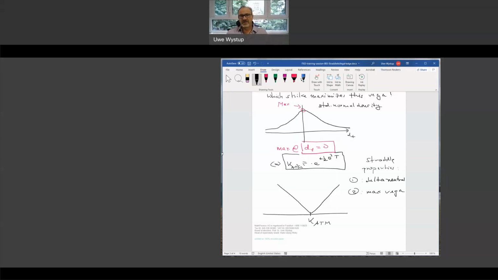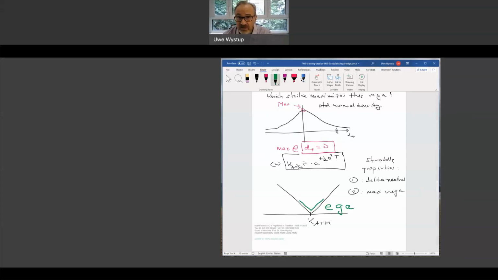Whether that's always the best thing to do for a vega hedge is a different question, but as a good standard, if you have no better idea, then you can always think of this straddle as the best possible vega hedge. Hopefully that will help you remember it. So that's why the straddle is used for vega hedging.